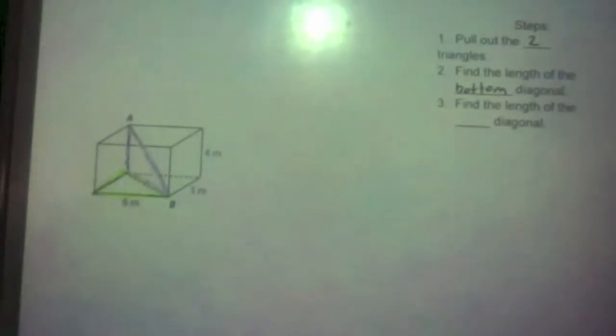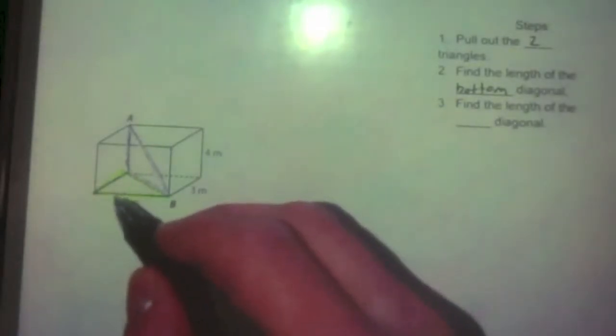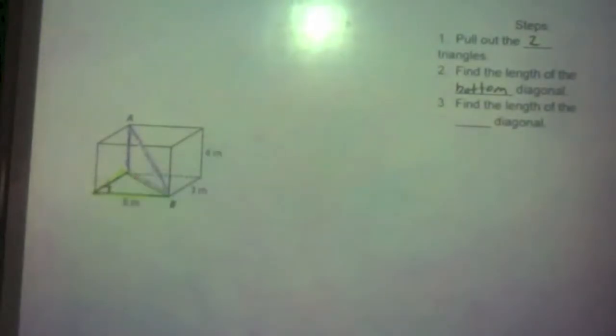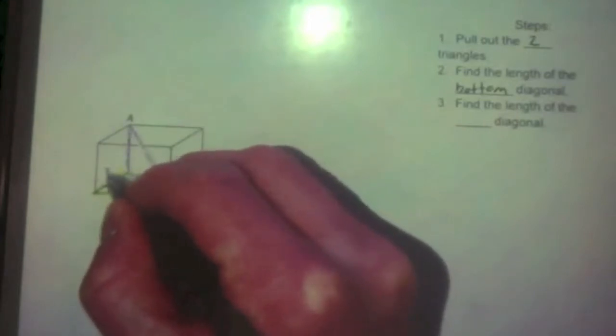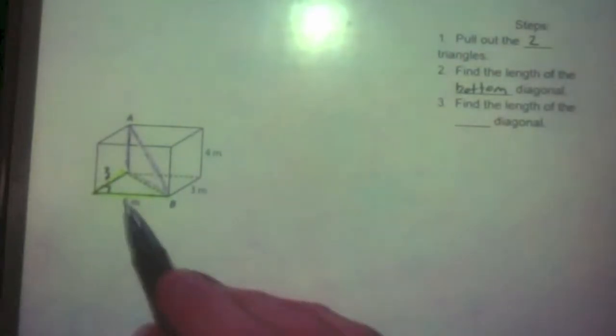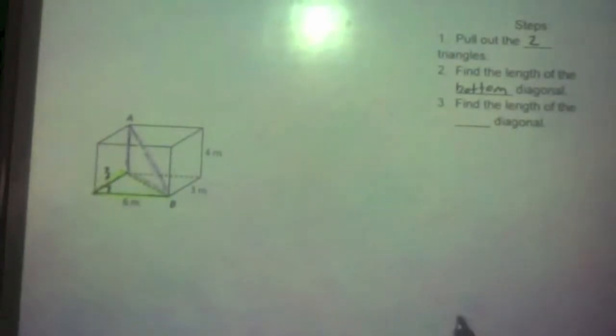So our first triangle, our green triangle down here on the bottom, is a right triangle because this is a right angle. Since this side is 3, we know that this side over here would also be 3. And we already know that the bottom width of the box is 6.